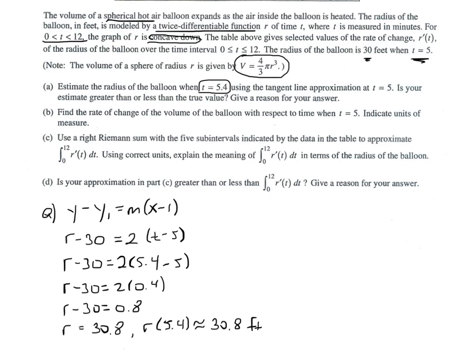And then, is our estimate greater than or less than the true value? Well, we can say since the graph of R is concave down, we know that our tangent lines lie above the graph, so our approximation is greater than the actual value.